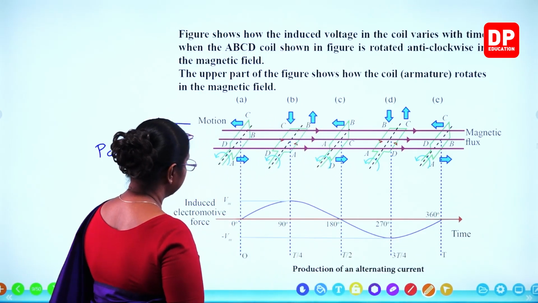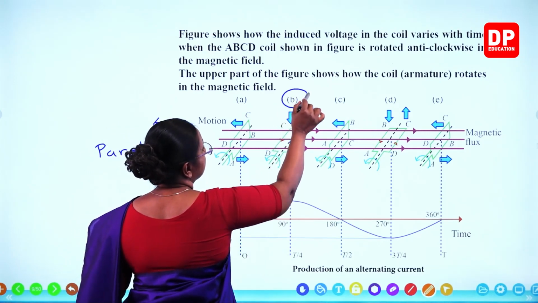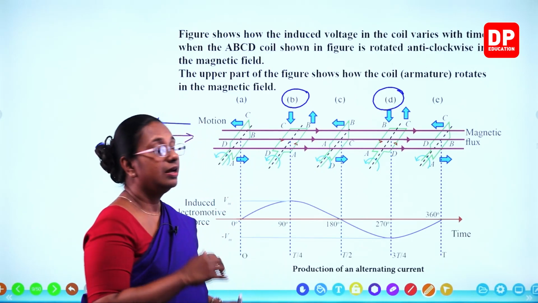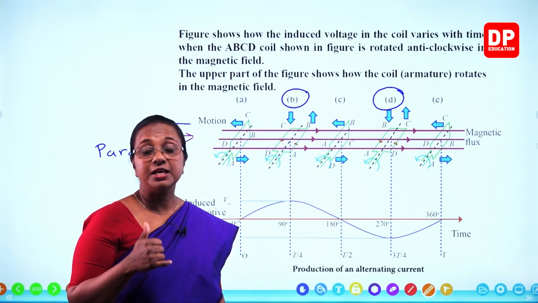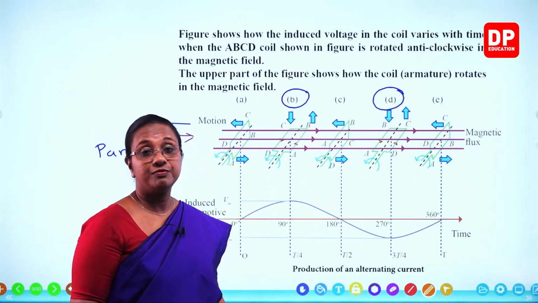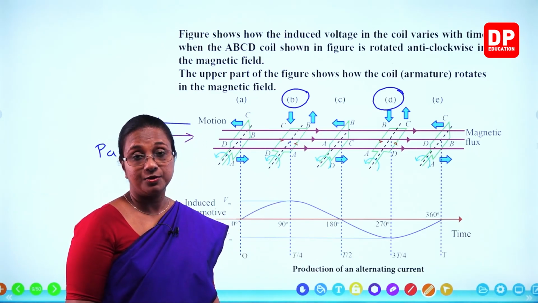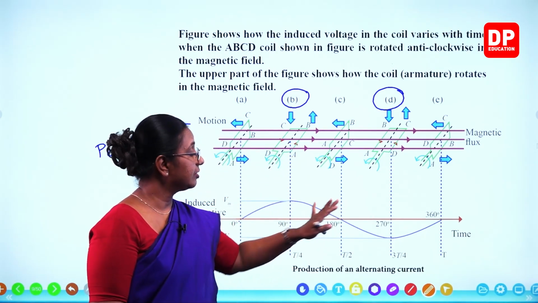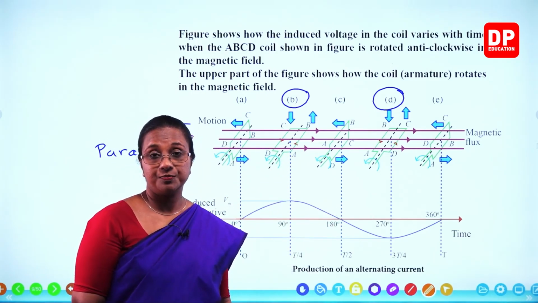So you can see these positions B and D, when the motion is perpendicular to the magnetic field lines, the induced electromotive force has a maximum value. But when they are parallel, the induced electromotive force is 0.